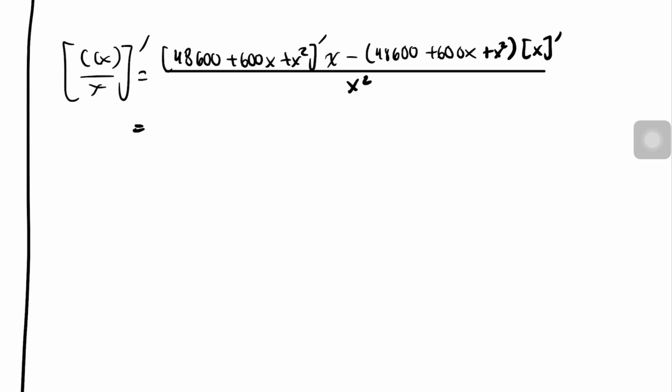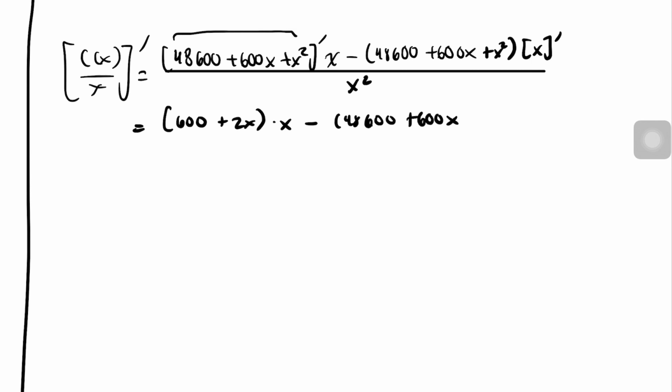So if we take the derivative of this, we just have to focus on doing the derivative of this part first, which is going to be 600 plus 2x times x, minus the 48,400 plus 600x plus x squared. The derivative of x is 1.